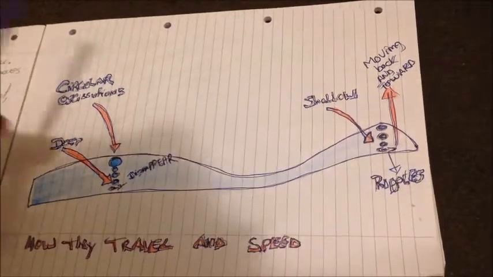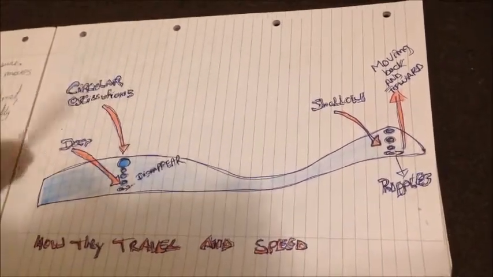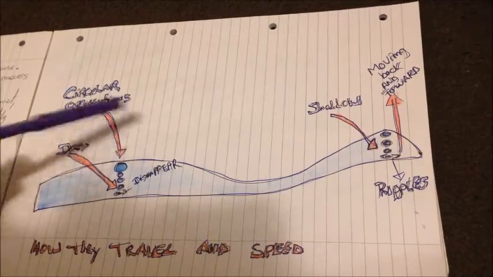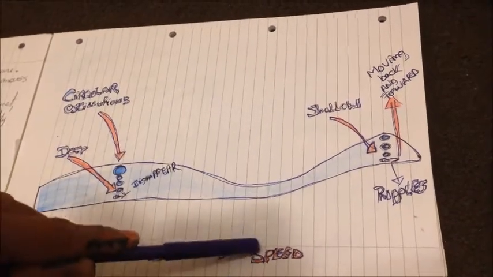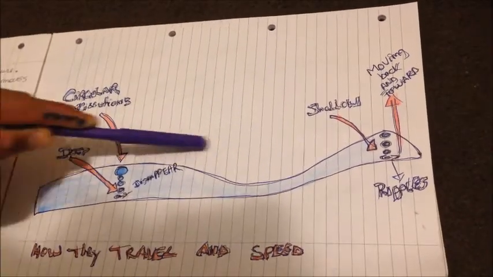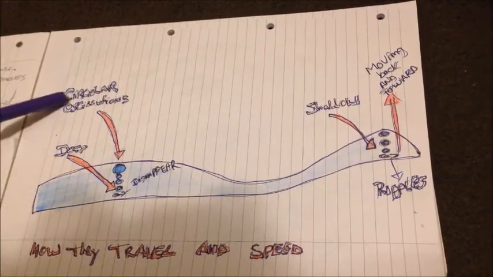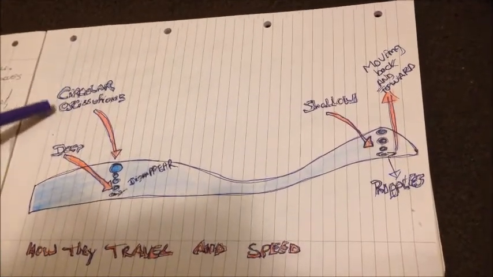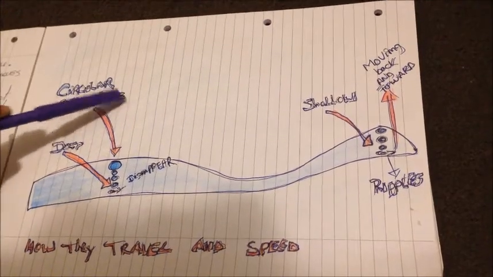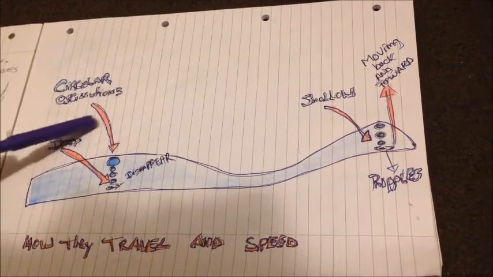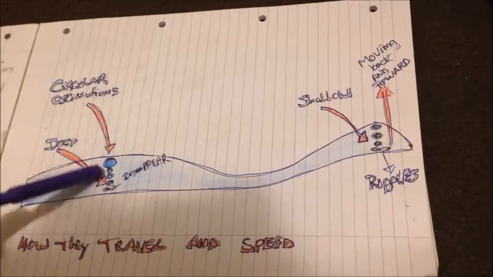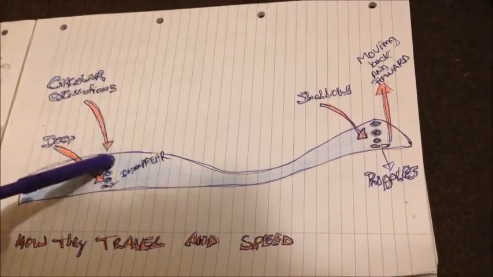As I said, the wind is traveling. So here is how they travel and their speed. When the waves start traveling, the water starts making oscillations. Here we see the circular oscillations.